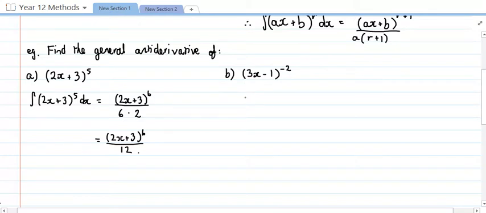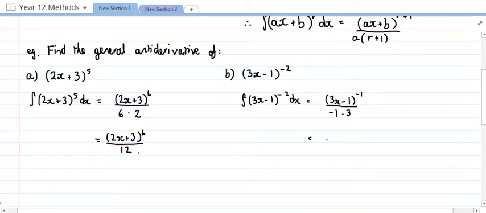And if we do the second one here, the antiderivative of 3x minus 1 to the power of -2 with respect to x is equal to, so I've got 3x minus 1 to the power of -1 now. I need to divide by that power, which is -1. I also need to divide by the derivative of the inner function there, which is 3.